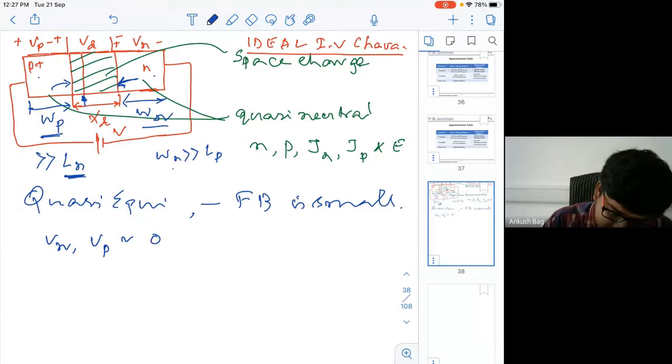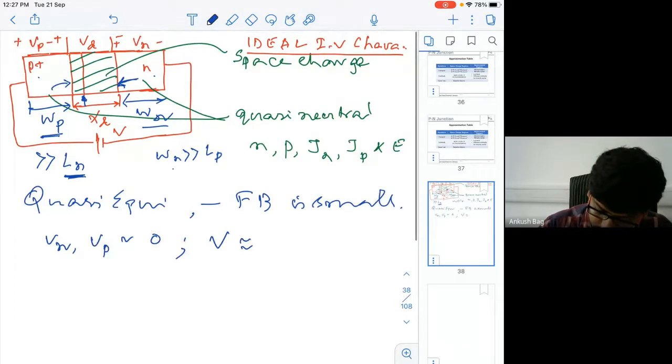So there is a negligible voltage drop in the N portion as well as the P portion of this P plus N junction. That means the forward bias voltage V that you are applying is approximately equal to the voltage appearing across the space charge region.